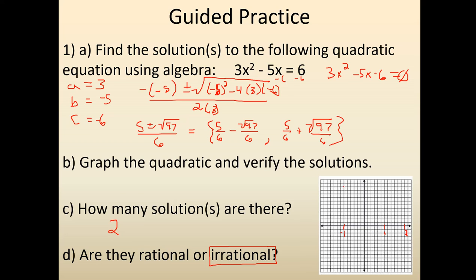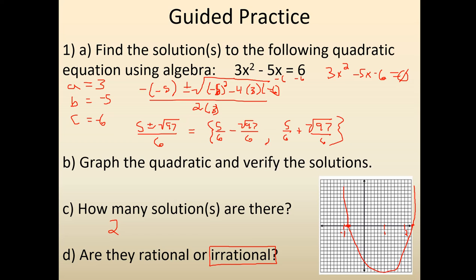It will end up passing through, just missing the negative 1, going all the way down, and then coming up past the 2.